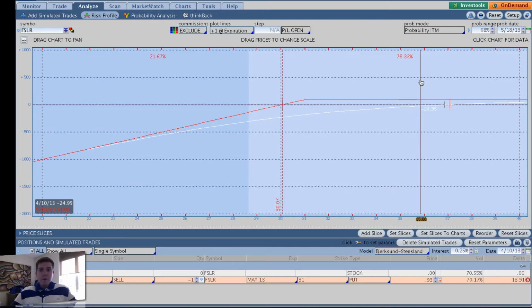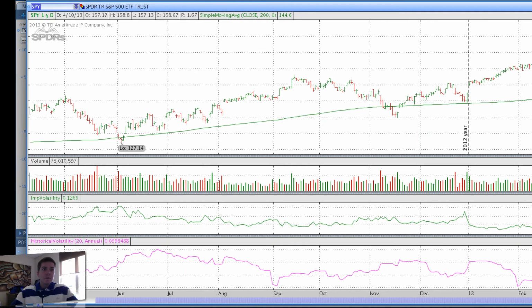So that's how I utilize the probability parameters here. And it's another good piece of the puzzle. Put it all together, and you're going to get yourself in some really good situations in the future. Right now it's pretty difficult with the VIX being as low as it is. Let's pull up the chart of the VIX.